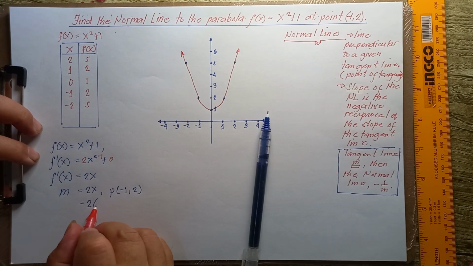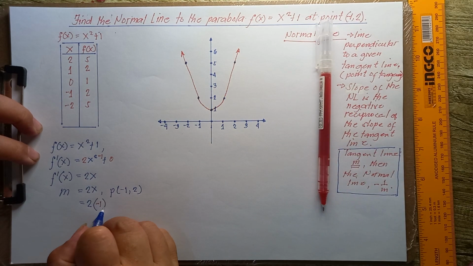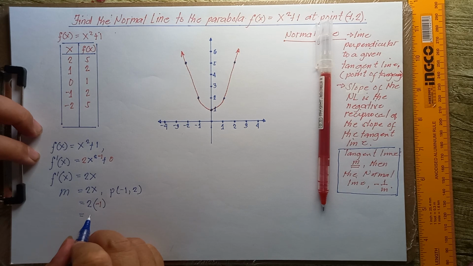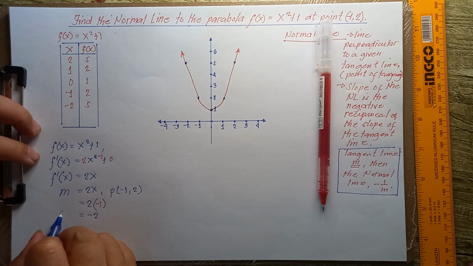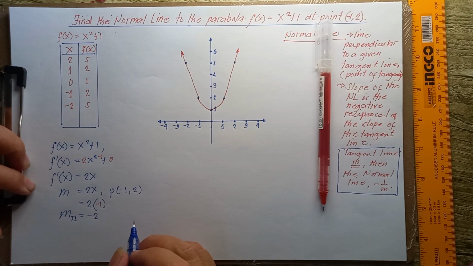Your x is actually negative 1, and so the slope we have in here is negative 2. So that is the slope of the tangent line.